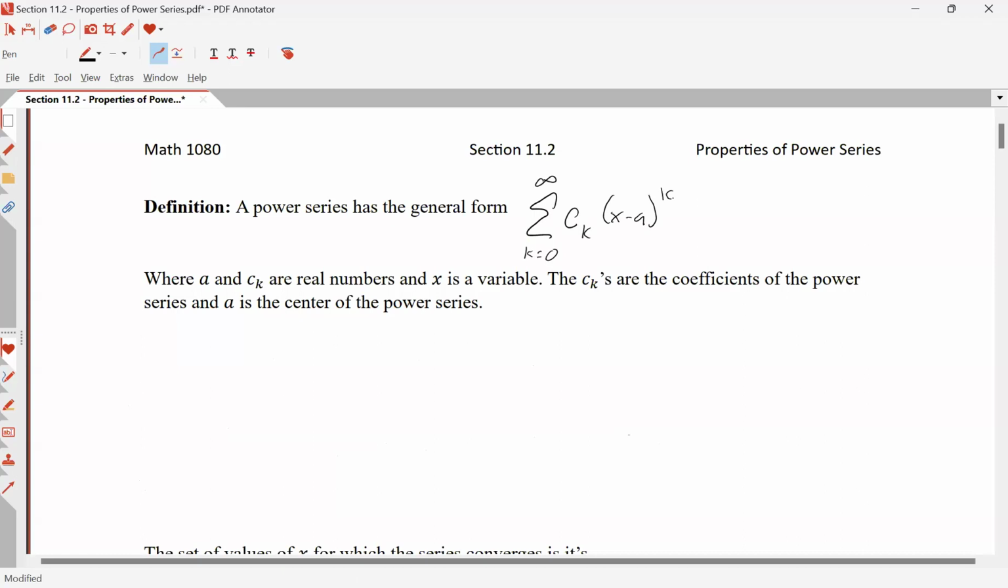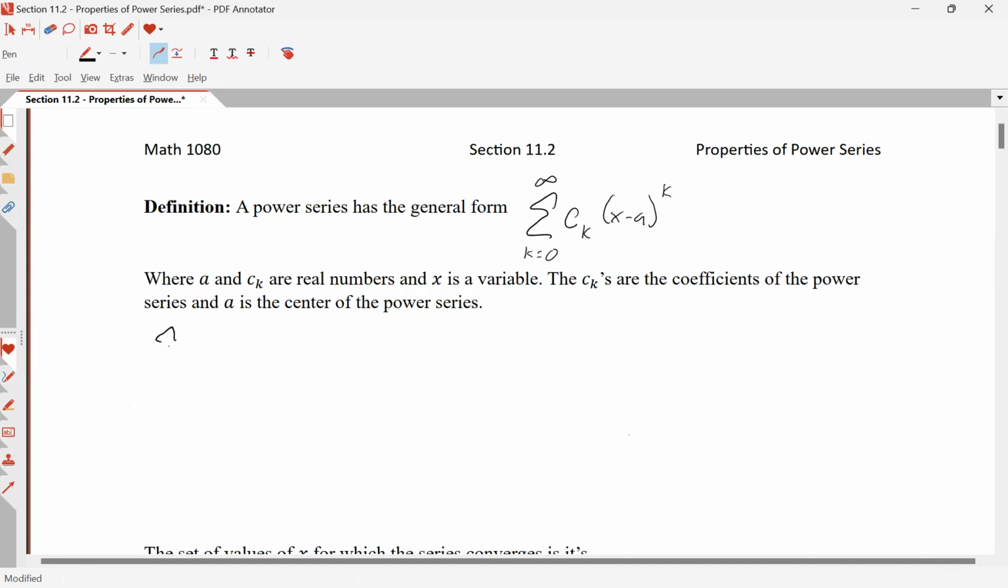So what a power series is, it's a series where we've added a variable with an exponent. The c sub k's are called coefficients of the power series, and a is called the center.